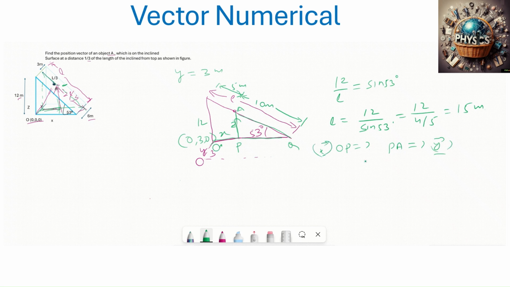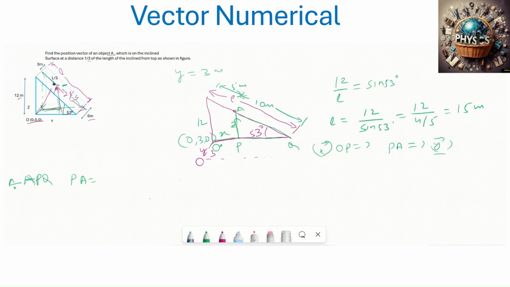So in this particular triangle APQ, we can find out the value of AP, right? PA is one thing we need to find out. So PA is equal to what?